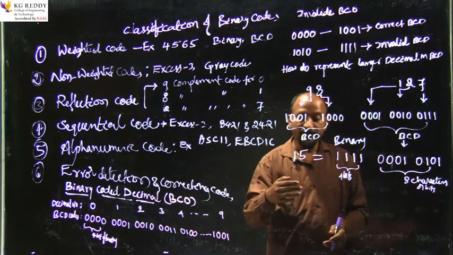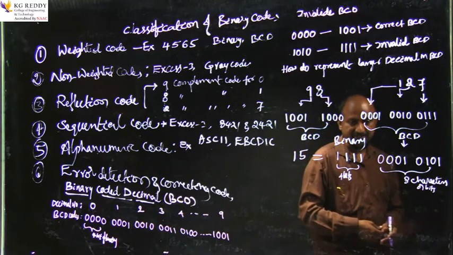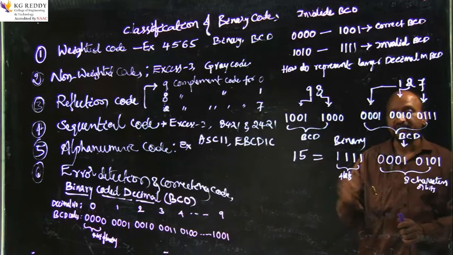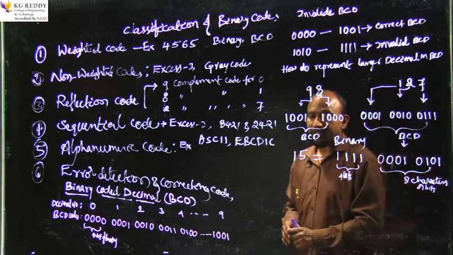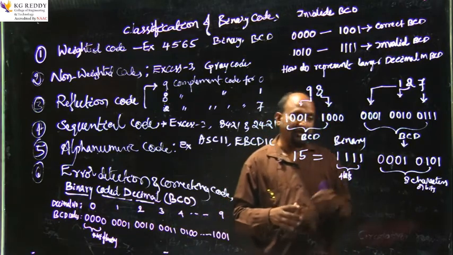And how do we go about addition and subtraction? In BCD, addition has different rules than binary addition. We'll discuss one by one the addition of BCD in the coming video.